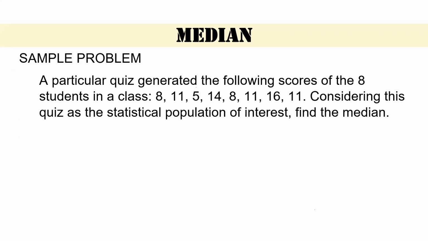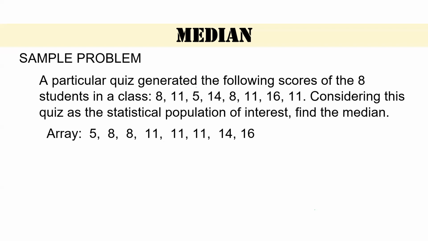Exactly. So we have to arrange the scores first from lowest to highest. Remember, if a number repeated many times, you should also write it the number of times it appeared in your data set. So we have here 5, 8, 8, 11, 11, 11, 14, 16.